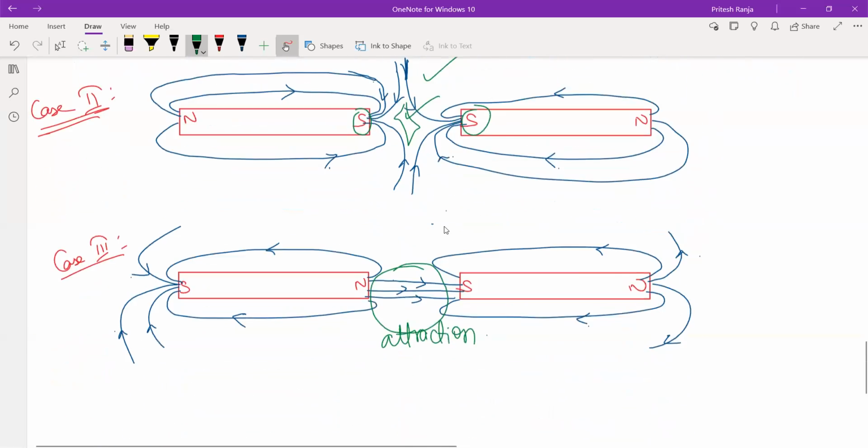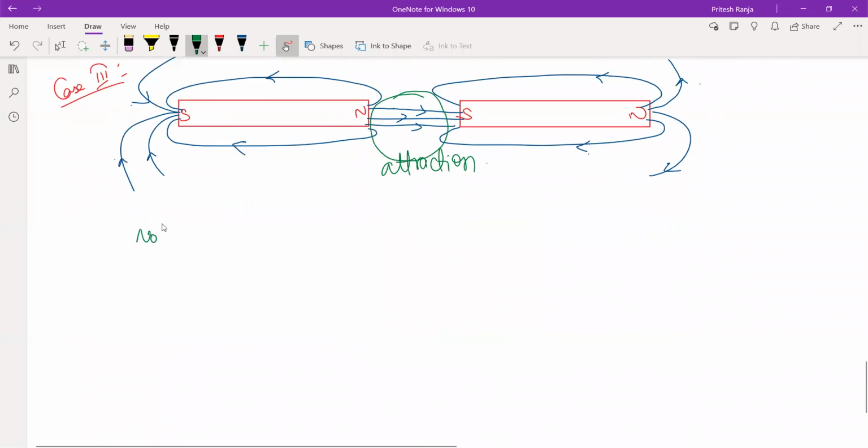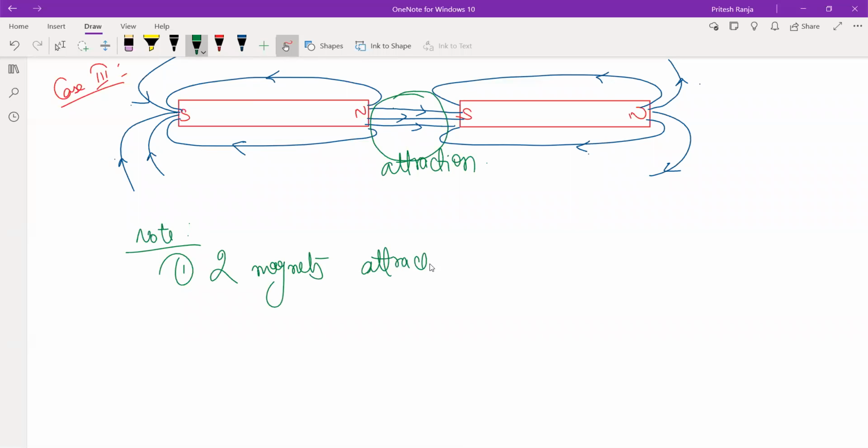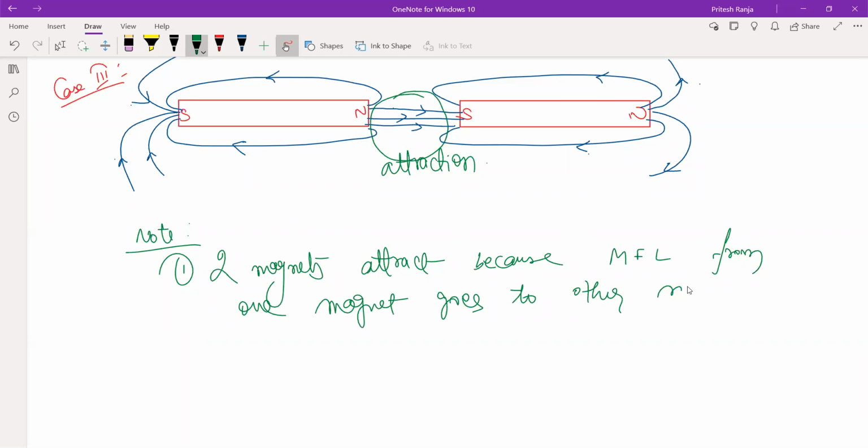Okay, so that also we can remember. First point, the two magnets are able to attract each other because the magnetic field lines from one magnet go to the other magnet.